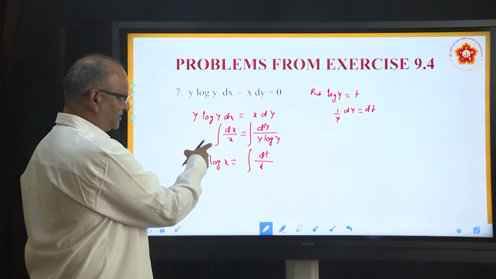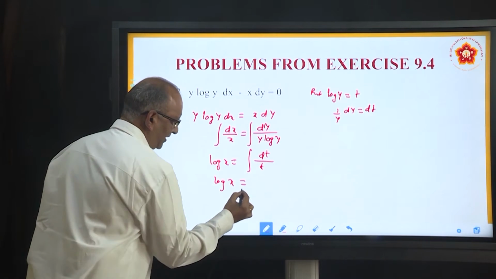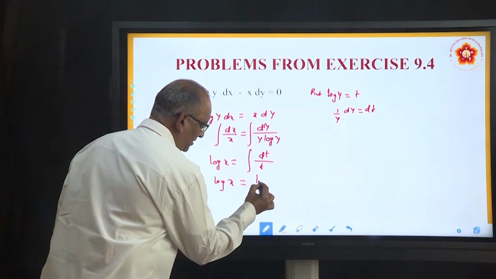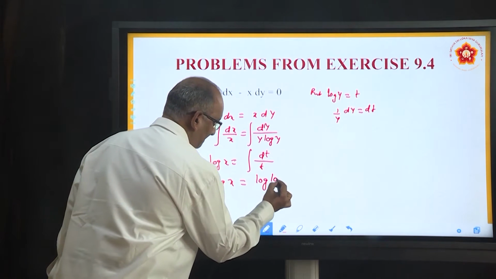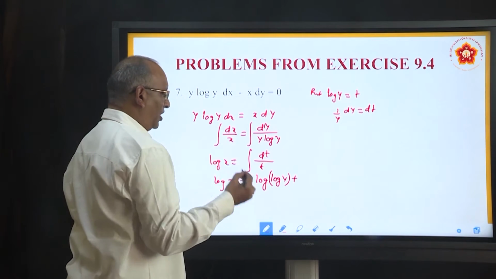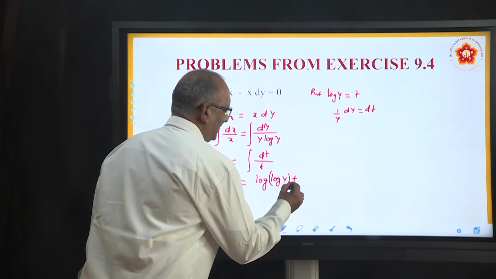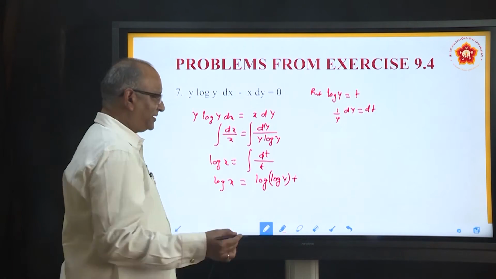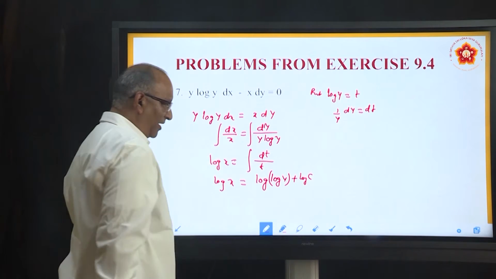Integrate that also because it is a similar function. So, you have log x equal to log t, and you can substitute back the t value, that is log y, plus constant of integration. For convenience, the constant can be anything and we are taking it as log c.